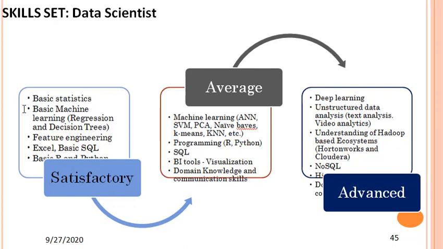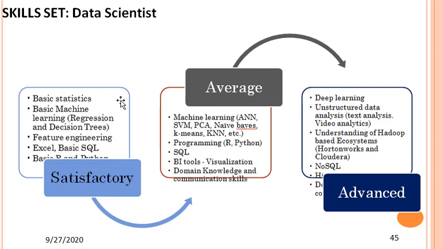If we talk about the satisfactory category, then it involves that the data scientists have a basic knowledge of mathematics or statistics or probability. Another important thing is the basic understanding of machine learning algorithms, because machine learning is basically at the core of data science.